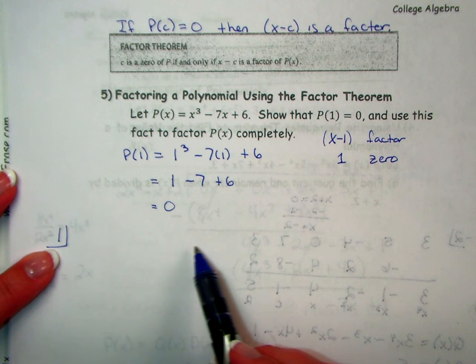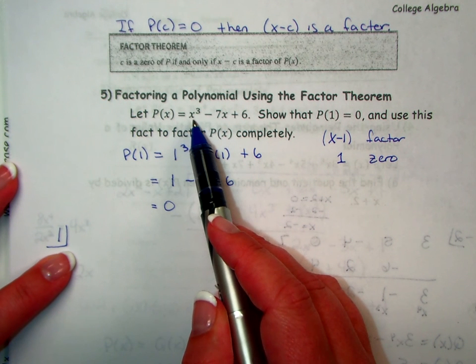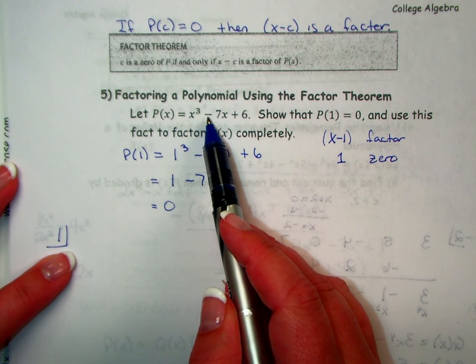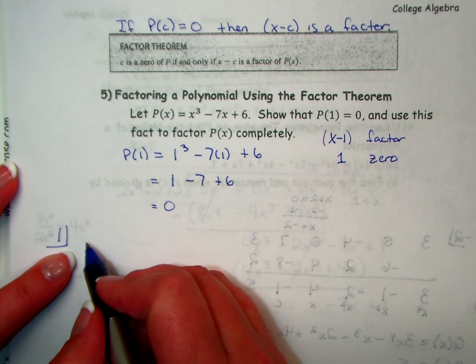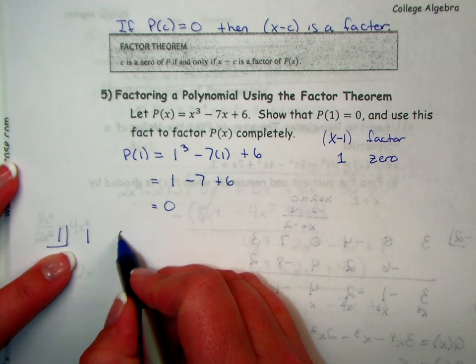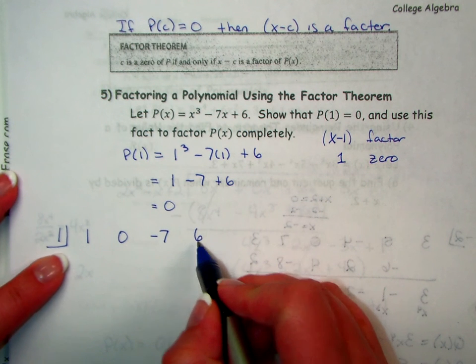I'm going to list the coefficients out in descending order with placeholders. So x cubed, we're missing the x squared here, x, constant. So I'm going to make sure I put a 0 there: 1x cubed, 0x squared, negative 7x plus 6.